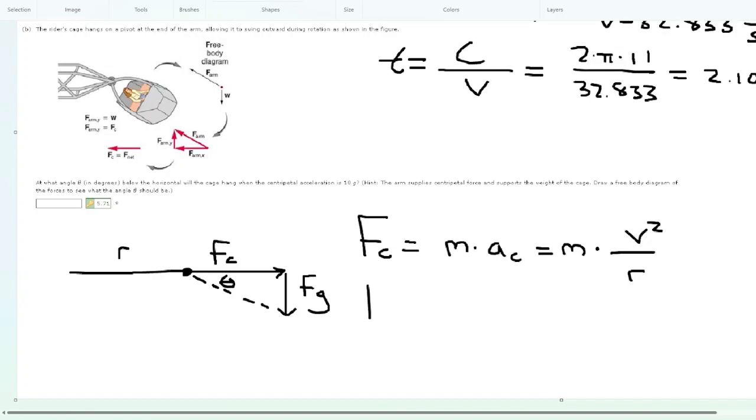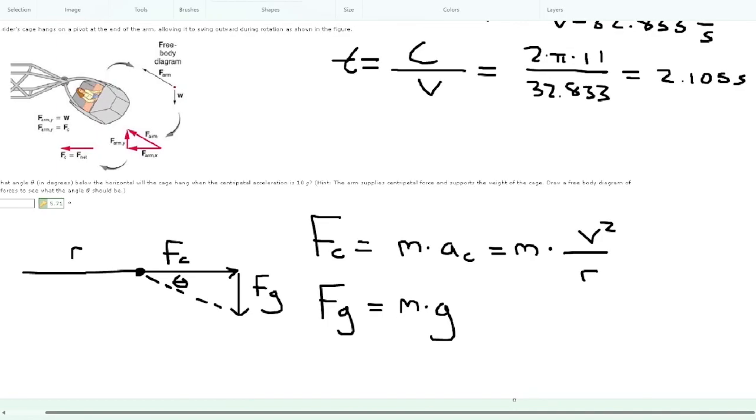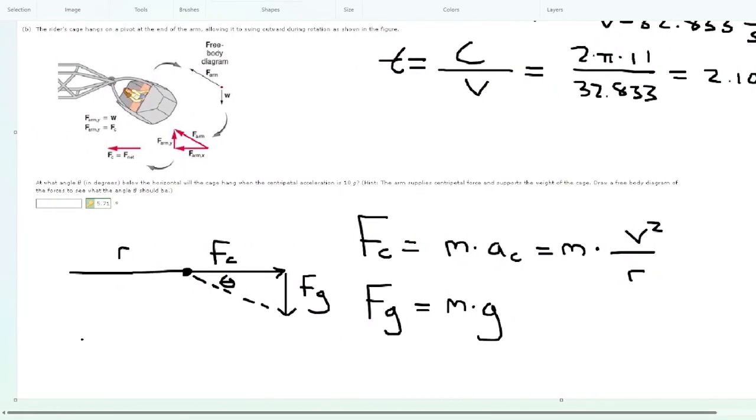Okay, and force of gravity, as we all know and love, is mass times gravity, that's going to be right there. Okay, so let's see what can we do here.